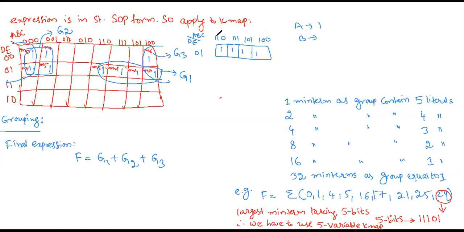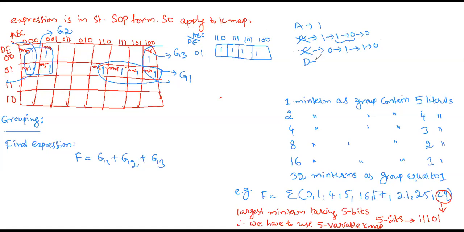Look at the B value: it is changing, and whenever changing, strike it off. Next C, 0 to 1, 1 to 1, 1 to 0, it is also changing, so strike off.